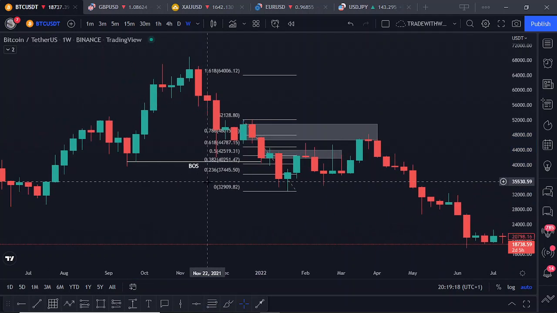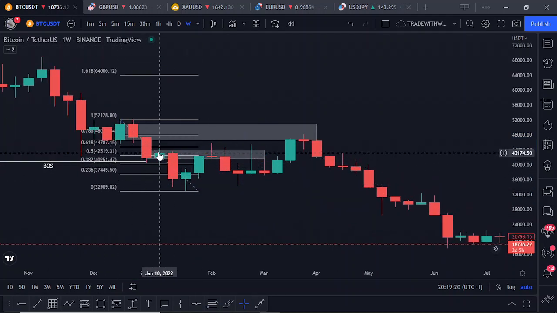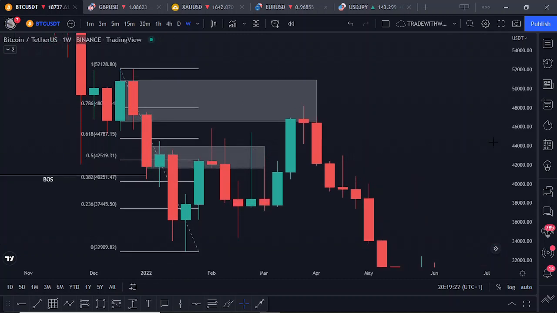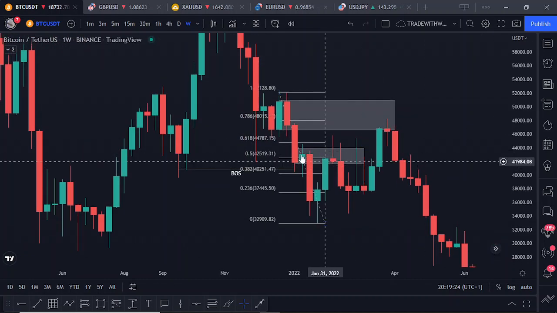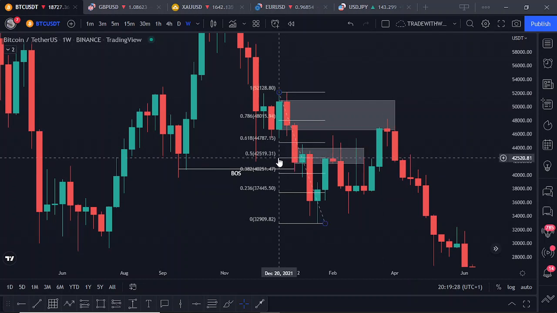Yeah, now, exactly on this green candle, what can you see? The first supply zone, which is this one, what can you see? You can see the market is exactly on the 0.5 Fibonacci level, okay? 0.5 Fibonacci level.